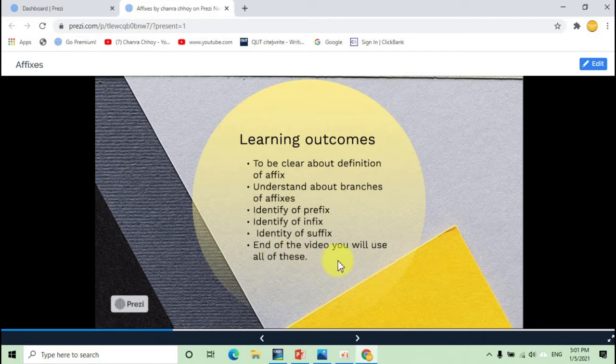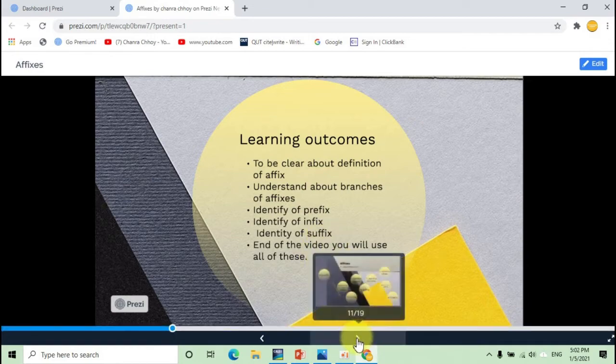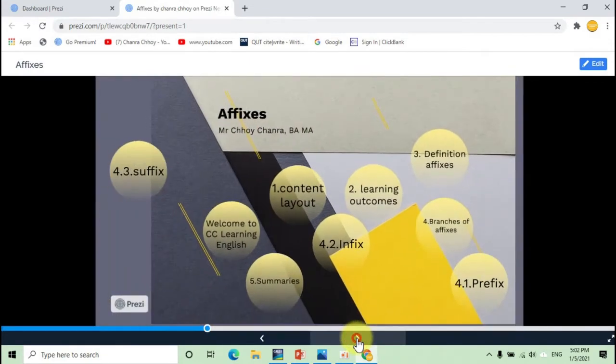So that is all the learning outcome. This is part of morphology. In the previous lesson we talked about the bound morpheme, and here I'm talking about affixes. Affixes are a branch of the bound morpheme. So what are affixes? Now let's go together, stick around until the end of the lesson, and you will get it.